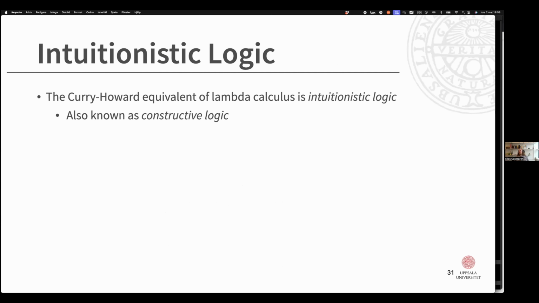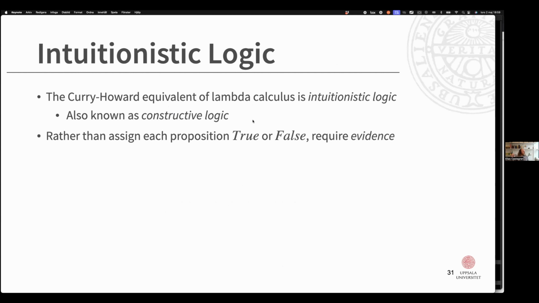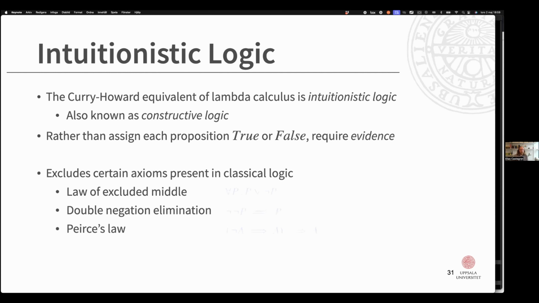If we want to be more specific about it, the Curry-Howard equivalent of the lambda calculus is intuitionistic logic, also known as constructive logic, and that's logic where rather than saying that something is true or not true, as in false, everything requires evidence. In order to show that something is true, you need to show how to produce that proof.